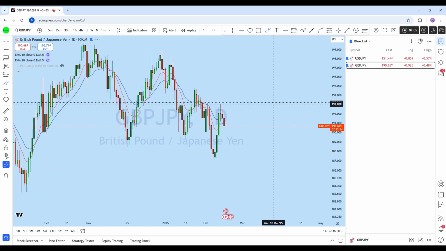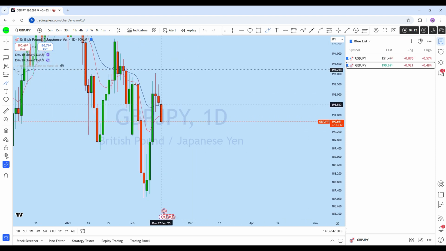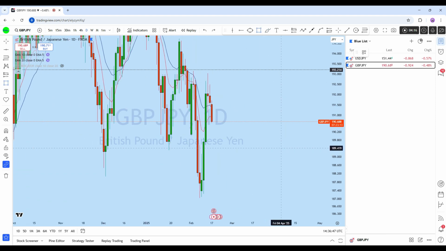Dropping down to the daily, after back-to-back daily dojis, GJ from this level after this gap open managed to break below. With that break, I think GJ may drop back to this previous resistance, which is turning into support from the daily perspective.